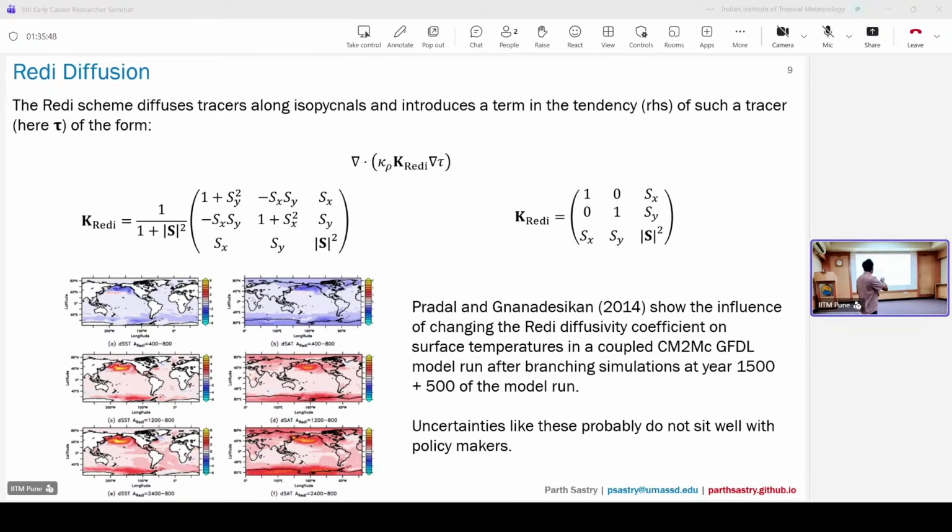Whereas there's a critical value where, if you cross that diffusivity threshold, your mean advection is going to get dominated by the eddy flow, and then you're going to observe warming. I think that was one of the conclusions of this work.